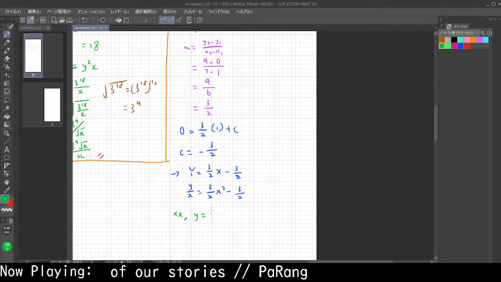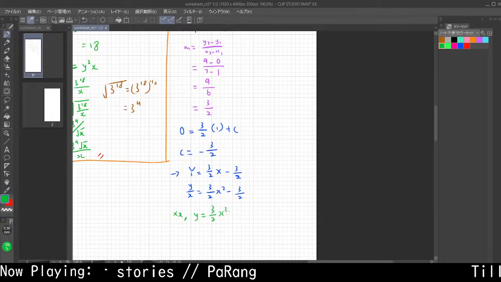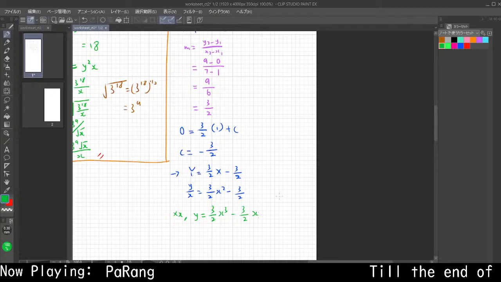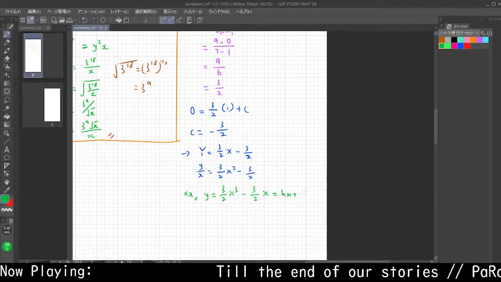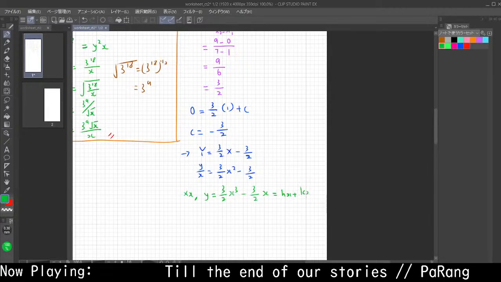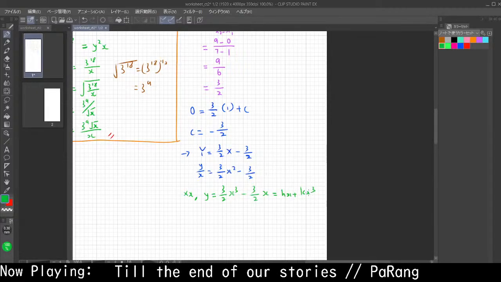Your x squared you multiply by 1 more x, you get x cubed. Your 3 over 2 constant you multiply by an x, you get 1x. So this is that. Then this is also equal to the one given in the question, hx plus kx cubed.